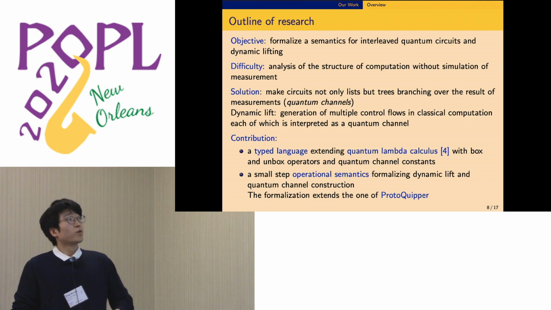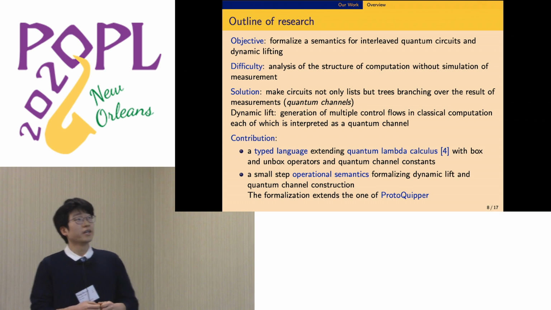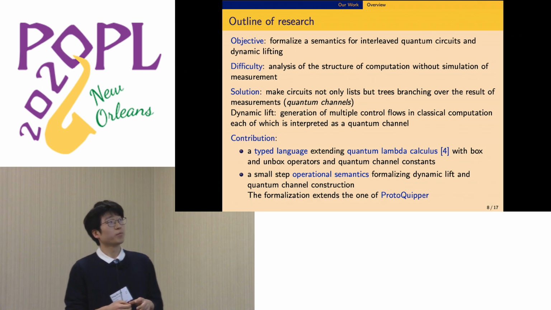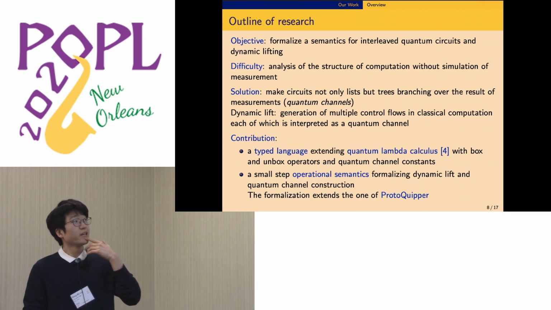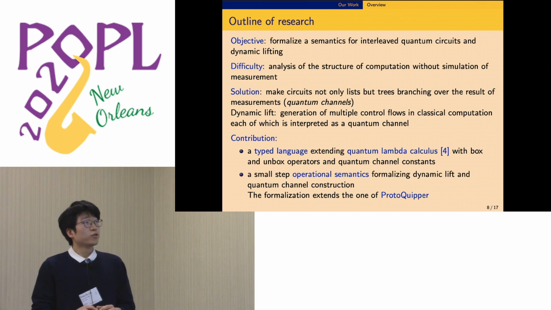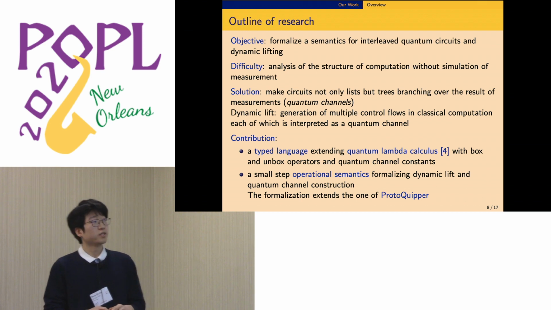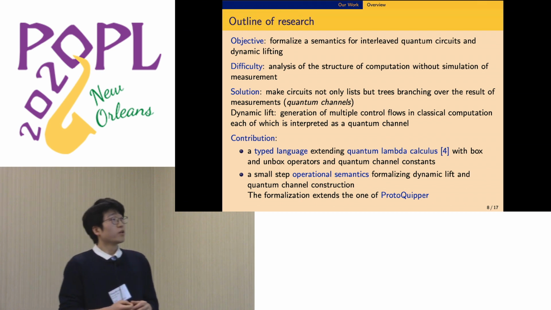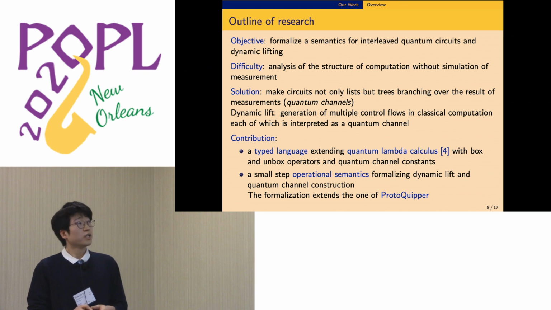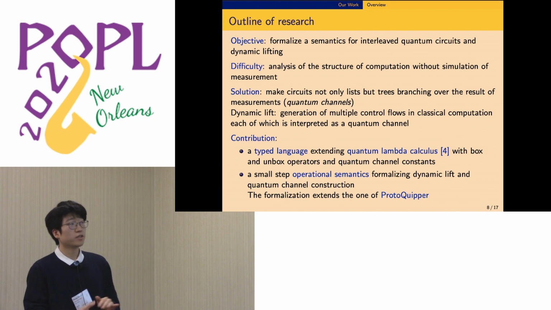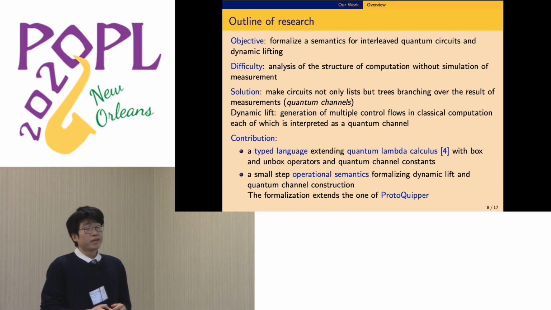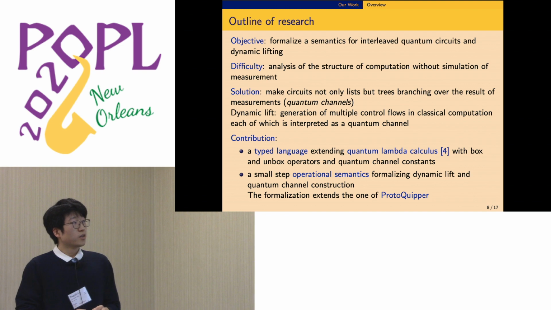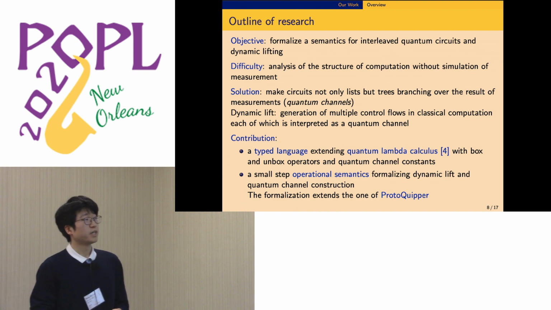For our work, the objective is to formalize the semantics for interleaved quantum circuits and dynamic lifting. And the difficulty is how to analyze the structure of a computation without simulating the measurement. And we do that by making the circuits not only lists of gates, but trees branching over the result of the measurement. This tree structure we call quantum channels.